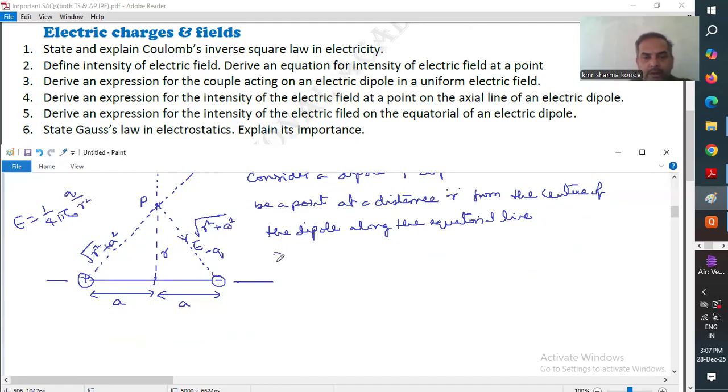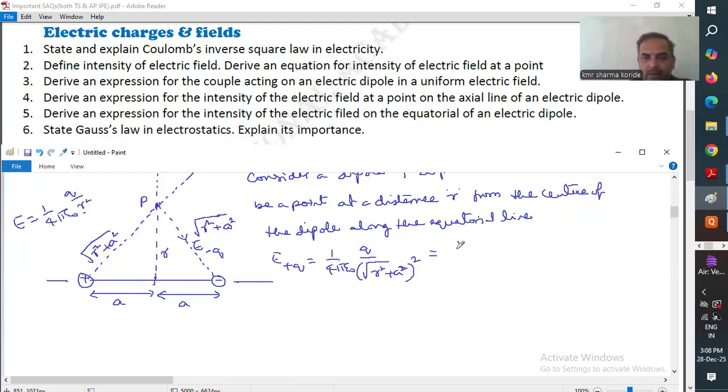So intensity of electric field due to positive charge first at point P. So therefore, 1 by 4 pi epsilon naught Q by. Actually, in the basic formula, it is R square. But what is the distance between point P and positive charge? Here is root over R square plus A square. This is R distance, but in the formula, this is R square.